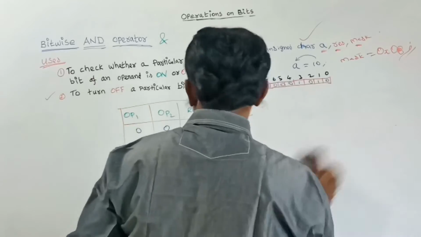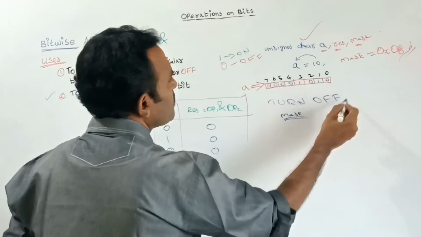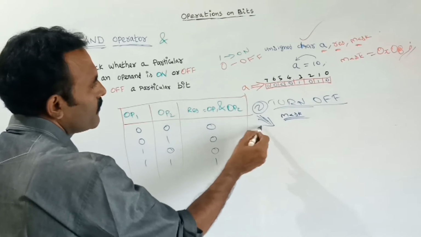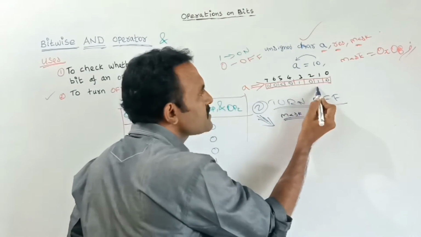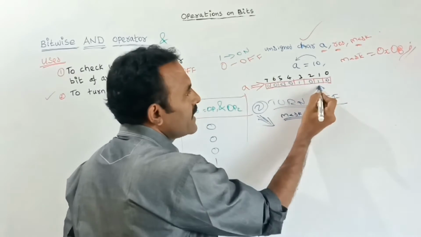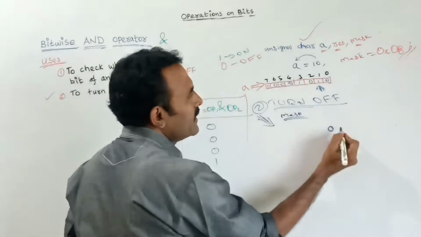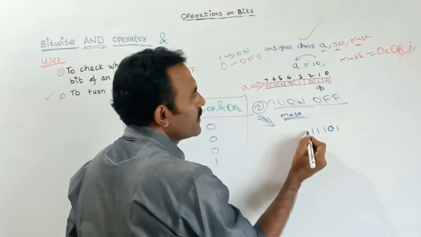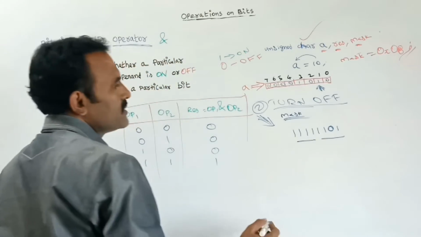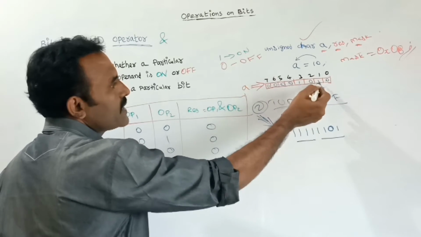128. Second use: to turn off particular bits. For the second use we should use this mask value. Suppose I want to turn off the first bit. Just opposite to the previous one, this first bit I should use as 0, and remaining every bit I should give the bit value 1. This is the mask value for turning off the first position bit.